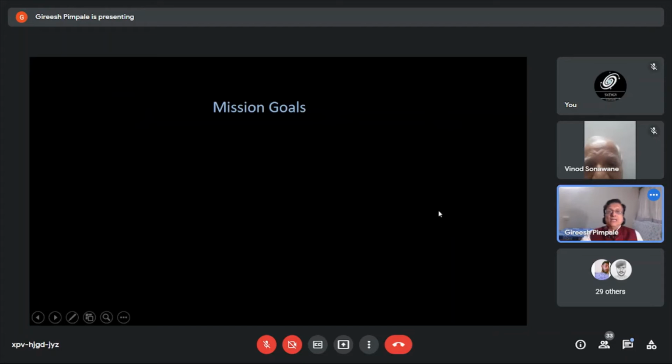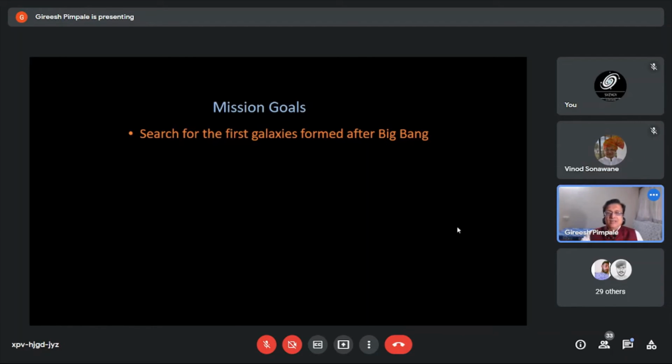So what are the main goals of this telescope? So it is going to search for the first galaxies which were formed after the Big Bang. As you might be knowing, it is accepted by almost all scientists that our universe came into existence when there was a big explosion.